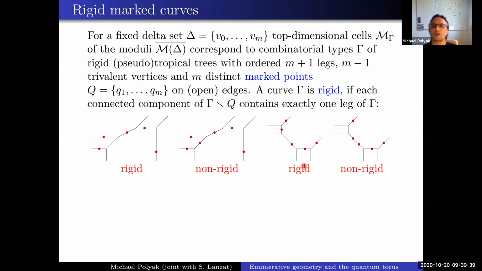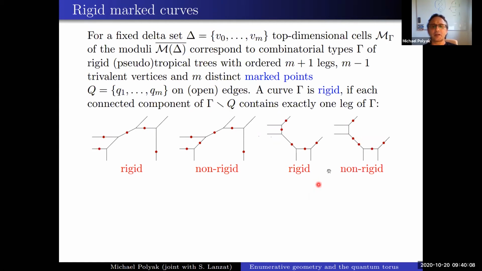But this curve is rigid, while this one is not. And again, the reason it's not is because here there's a connected component which doesn't have any legs at all. But of course, then there is also the component here which contains 2 legs, too many legs. So these are both problems which come together, no legs or too many legs. Okay?